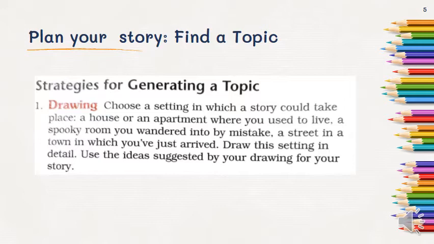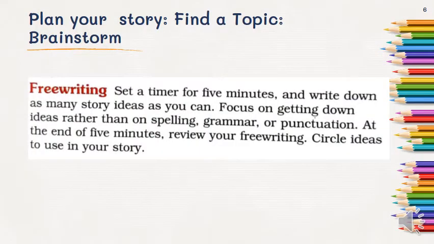Of course, you don't have to be an artist to do this. You just doodle around and find ideas. Or brainstorm, free writing. Set a timer for 5 minutes and write down as many story ideas as you can.